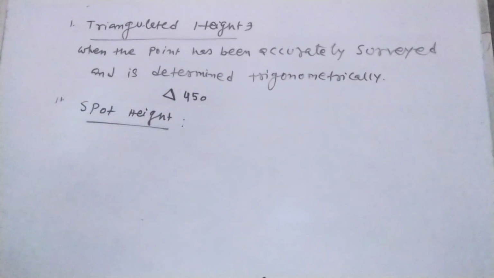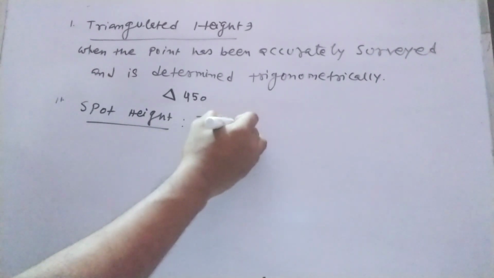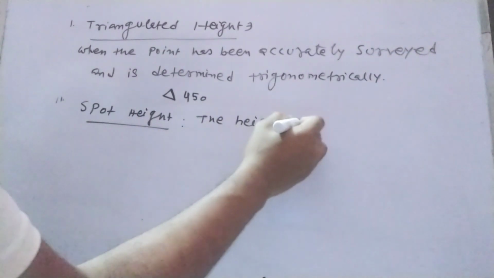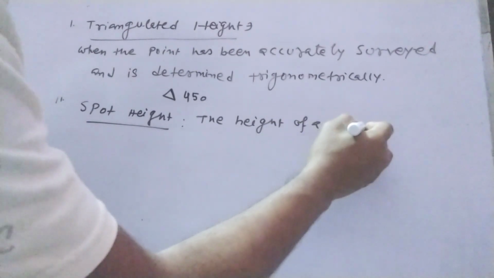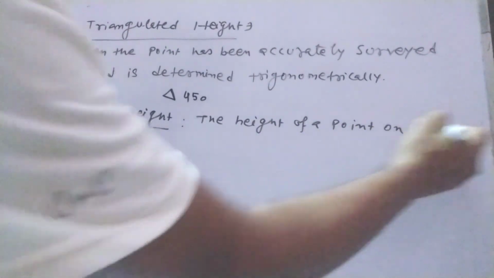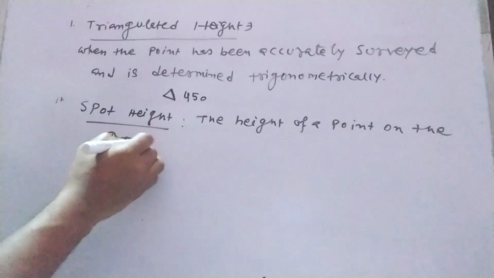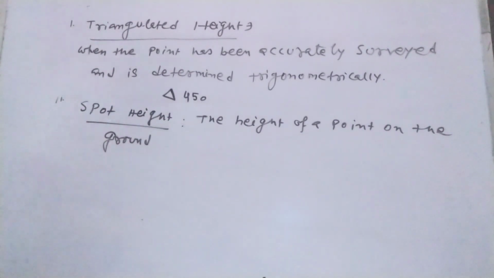What is spot height? Now, the height of a point on the ground above the mean sea level.